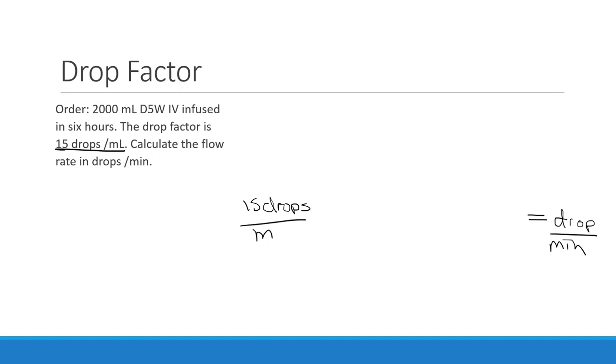over ml. So I've got the man in the mirror here, but I've got a friend, so we need to get them a date to the dance, right? What can I use that has milliliters? Yes, 2000 milliliters over 6 hours.